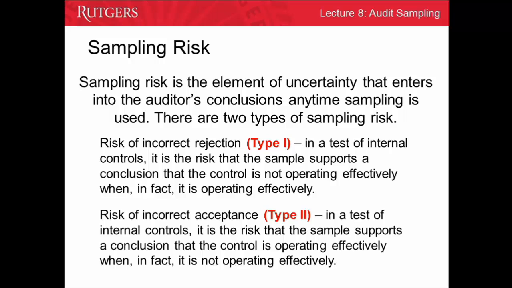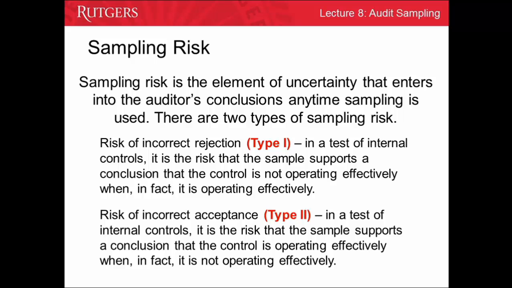When an auditor is evaluating the level of reliance that can be placed on a control in the context of a financial statement audit, this risk is also commonly referred to as the risk of over-reliance or the risk of assessing control risk too low. In substantive testing, this is the risk that the sample supports the conclusion that the recorded account balance is not materially misstated when it is actually materially misstated.